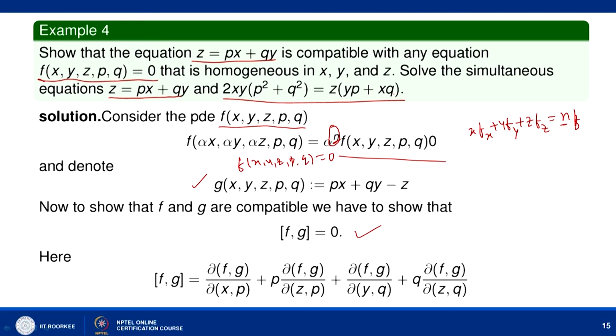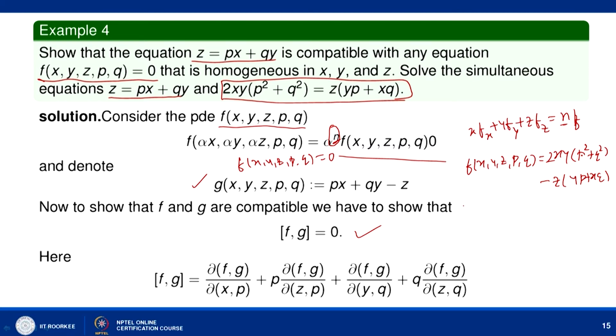Now if you look at this, it is a homogeneous equation in terms of x, y and z. How can we check? You simply write this as f of x, y, z, p, q equal to 2xy(p square plus q square) minus z(yp plus xq).